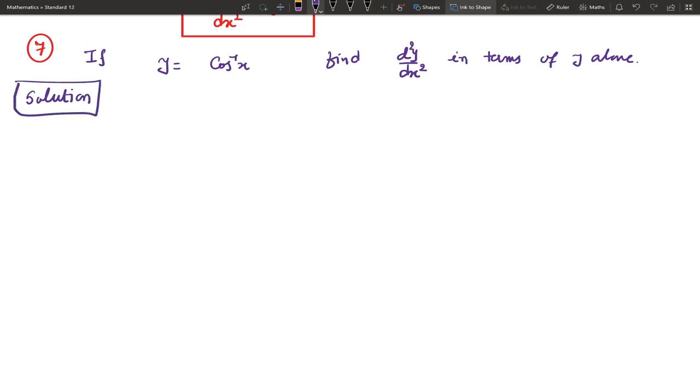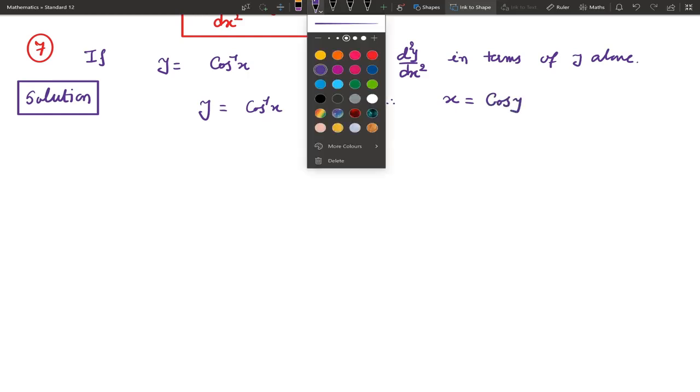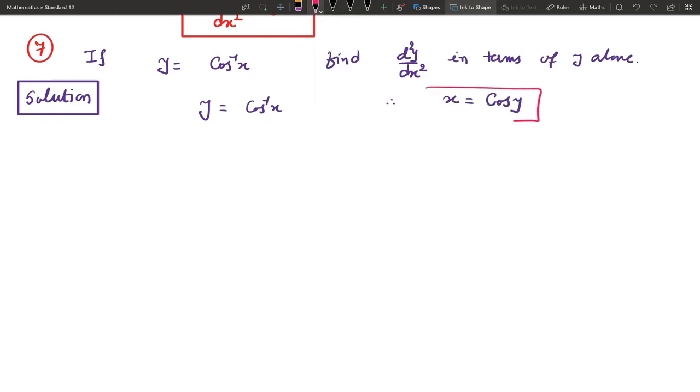We have to obtain d2y by dx2, but clear instruction is given: d2y by dx2 only in terms of y. y equal to cos inverse x. Therefore x equal to cos y, using inverse trigonometric function. So at any time we will use this important result, x equal to cos y.